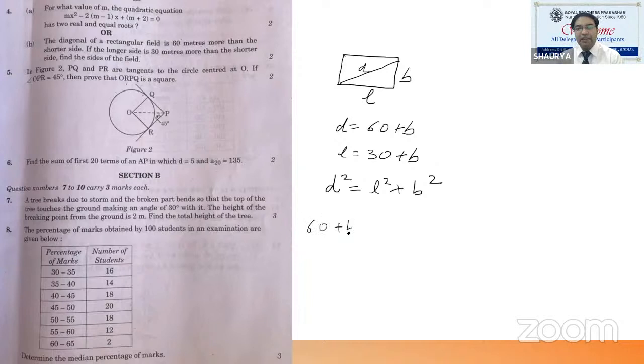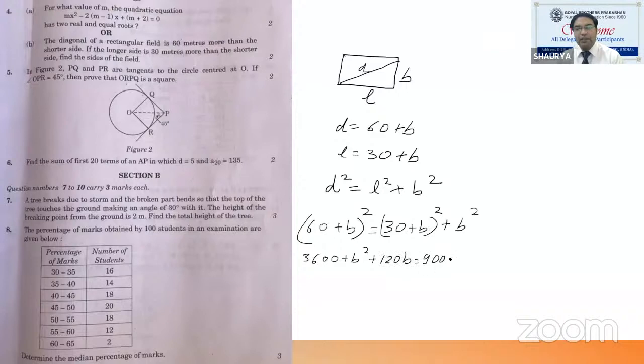(60 plus B) whole square is equal to (30 plus B) whole square plus B square. So it becomes 3600 plus B square plus 120B is equal to 900 plus B square plus 60B plus B square.